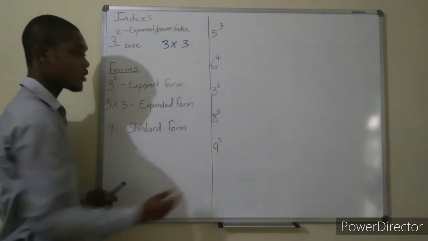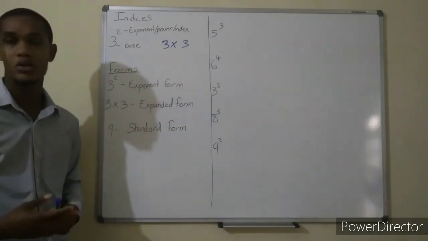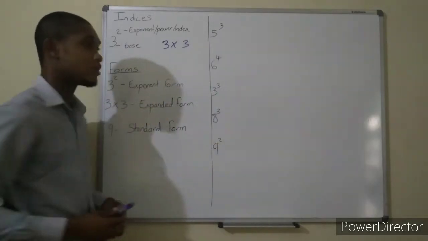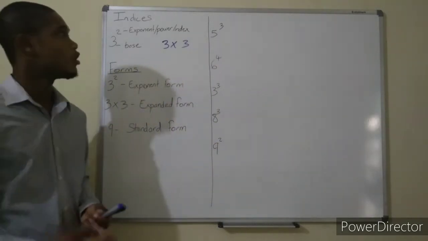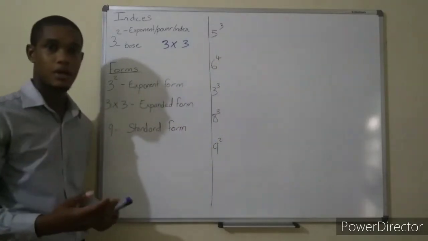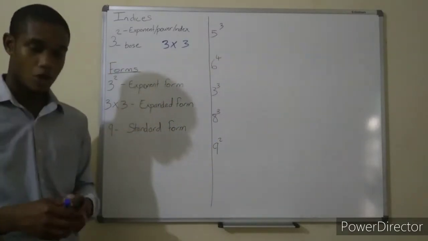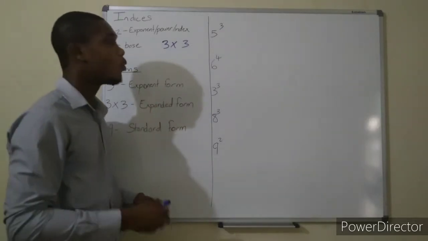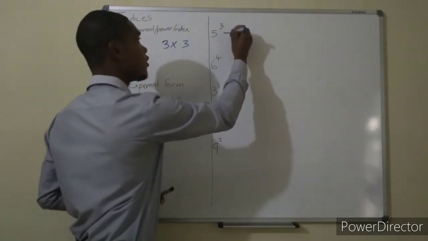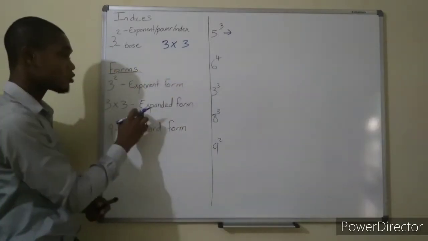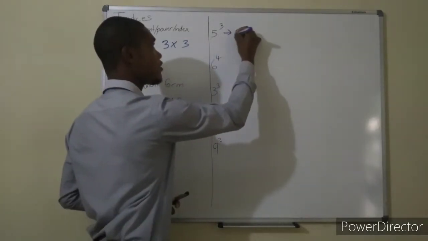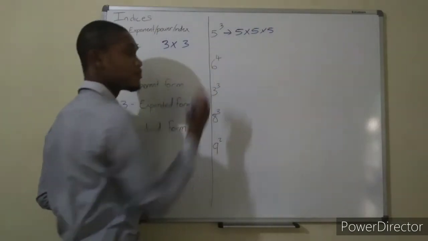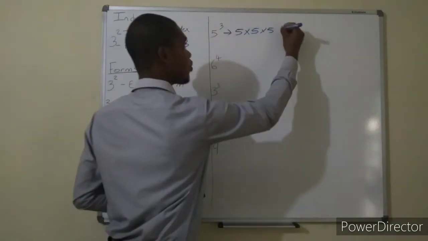Now, these questions, if you are going to work them out in different forms, you would have to know what they are. So for example, if a teacher asks you to put 5 cubed in standard form, you can do it two ways. You can either use a calculator and just put it in, or if you want to move from exponent to standard form, you say 5, that's 1 5, that's 2 5, and that's 3 5s because it was 3, equals.